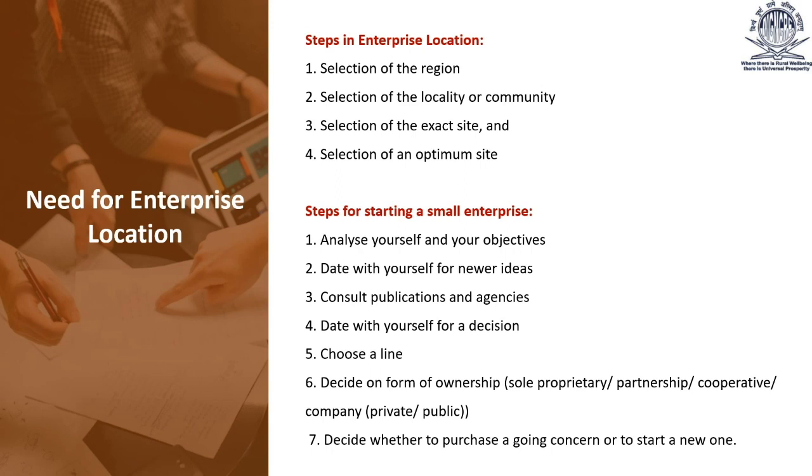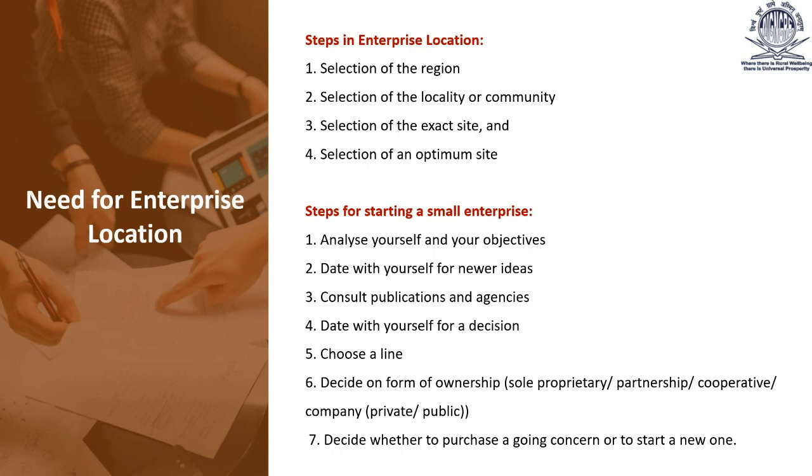Now let's discuss the steps for starting a small enterprise. First, analyze yourself and your objectives. Second, brainstorm with yourself for new ideas. Third, consult publications and agencies. Fourth, decide with yourself on a decision.